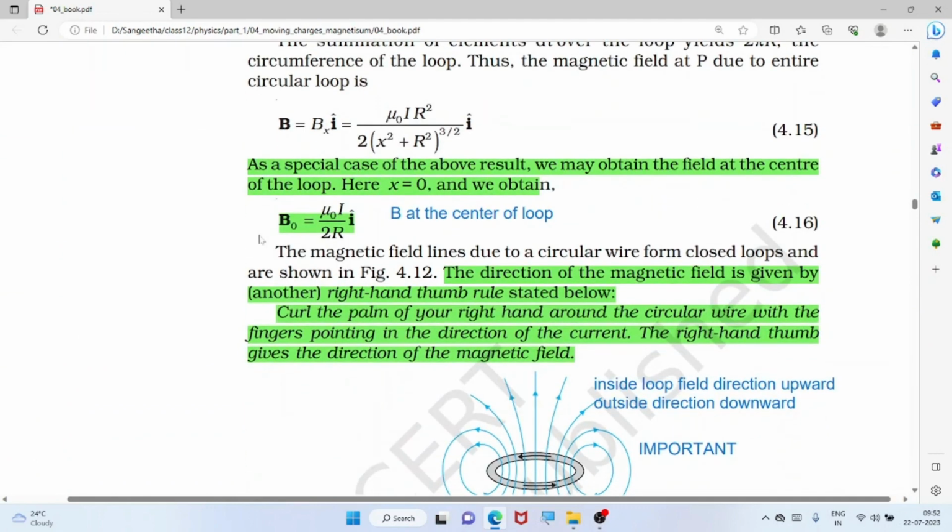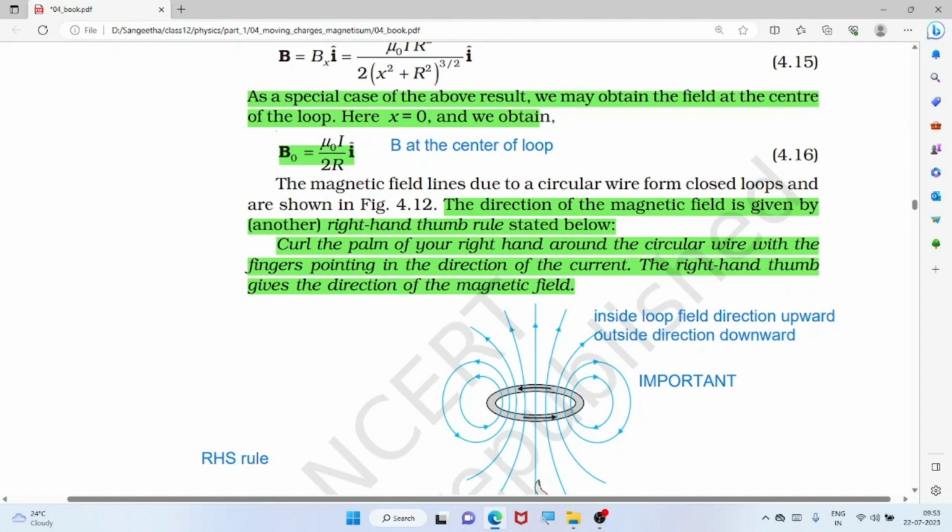This is the magnetic field due to that loop: Mu naught I divided by 2r, that is the magnetic field at the center of the loop. Here r is the radius of the loop, I is the current, and mu naught is the constant.